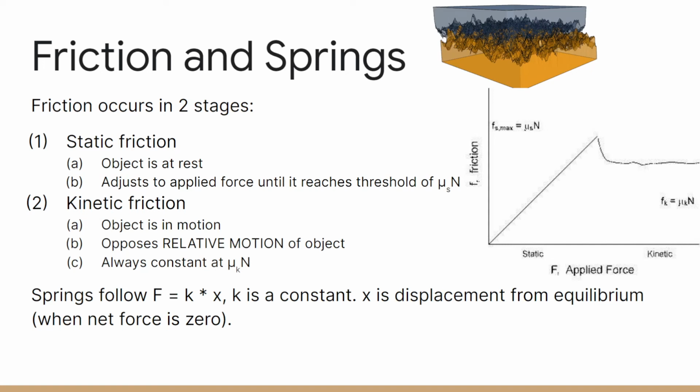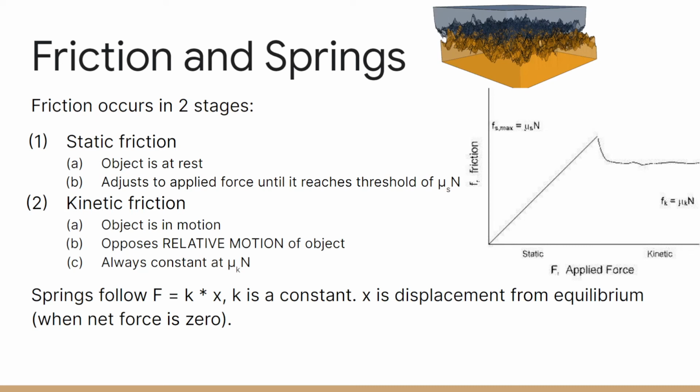It's already tried its hardest to oppose all the forces we put on it. Now that it's in motion, it's only going to be constant. It's going to follow mu k times N. So once your object is in motion, you can easily find the frictional force. It's always going to be mu k times N.